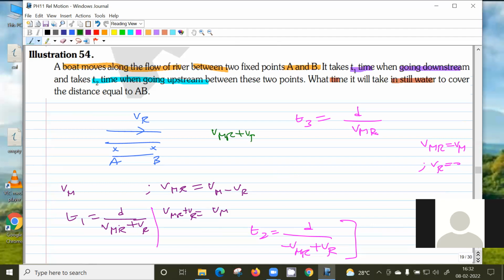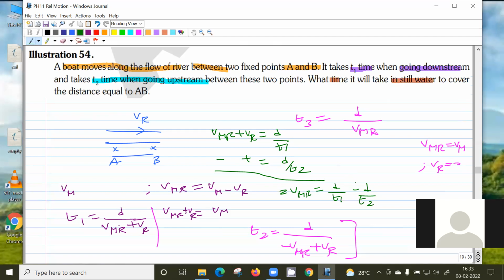VMR plus VR is d by t1, and VMR minus VR is d by t2. If we subtract these two, I'll get 2 VR equal to d by t1 minus d by t2.